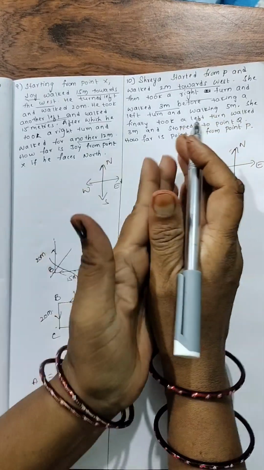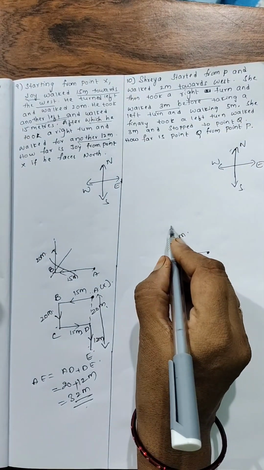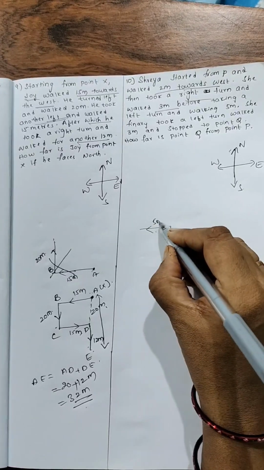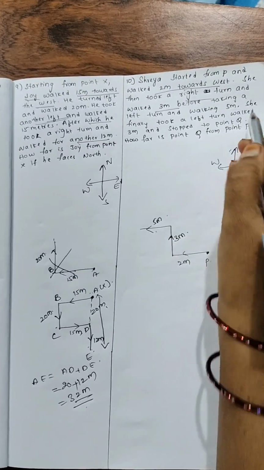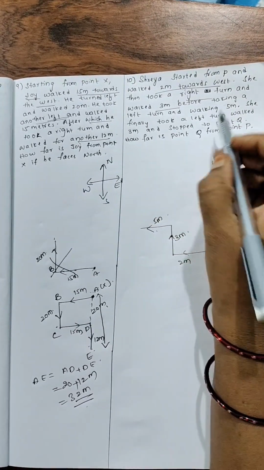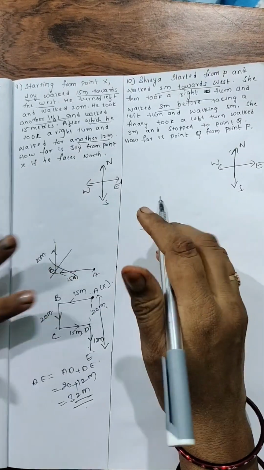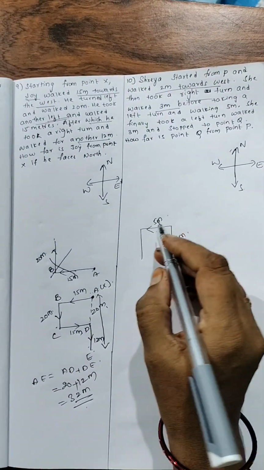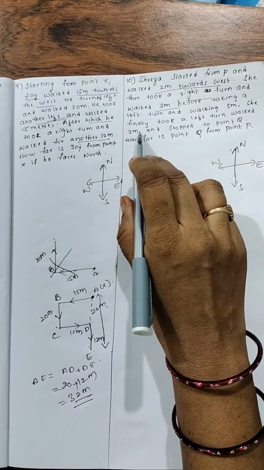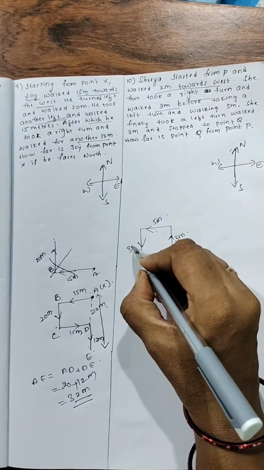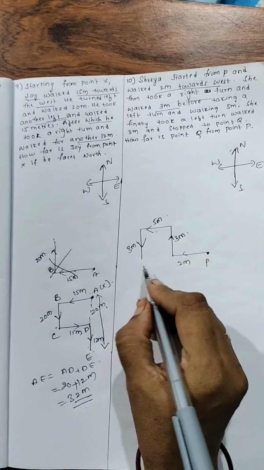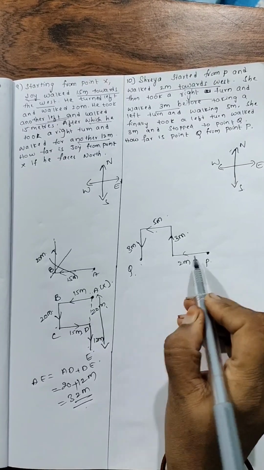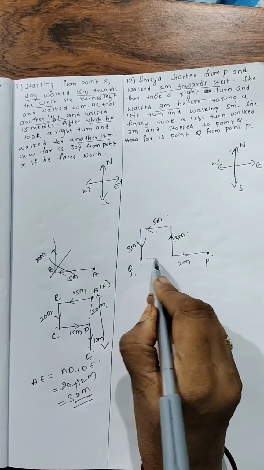Means they are saying before taking a left turn, means next she is going to take the left turn only. That 5 meters she walked. She finally took a left turn this side. A left turn and walked 3 meters and stopped at some point Q. How far is Q from P, they are asking.